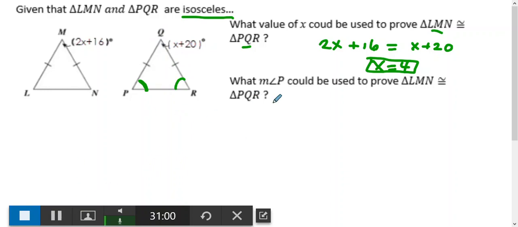What value of p could be used to prove it? We know that q would be 24, and x plus 24, if we solved that, we'd end up getting 78.